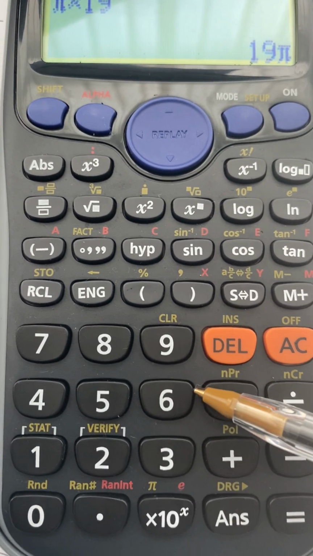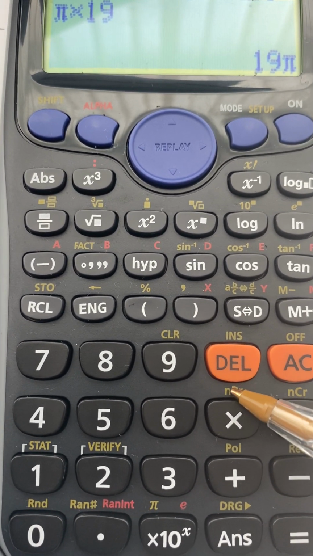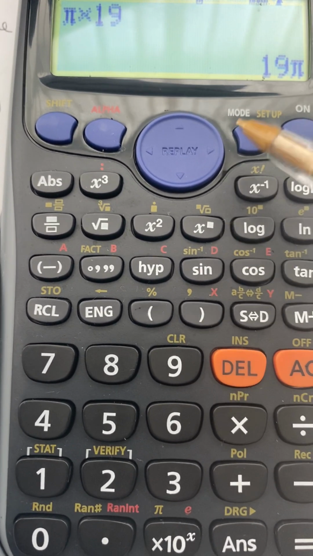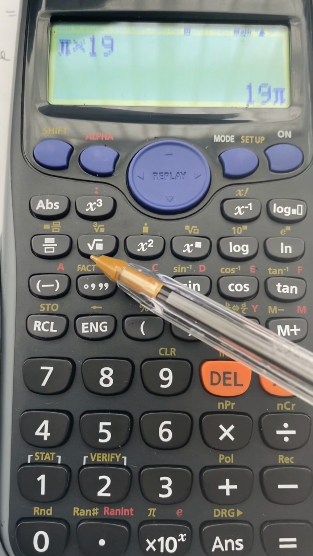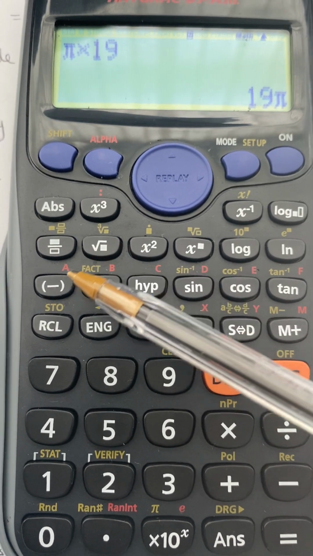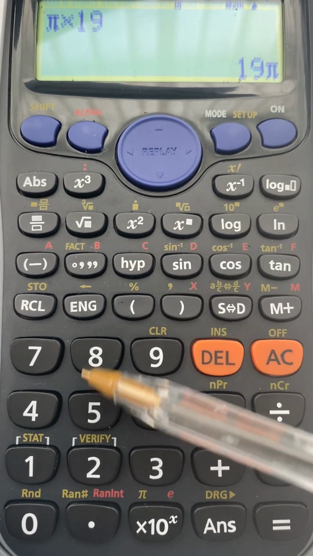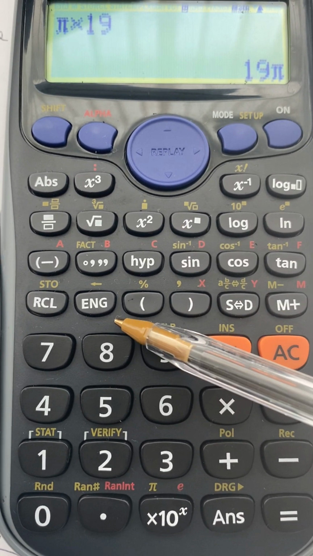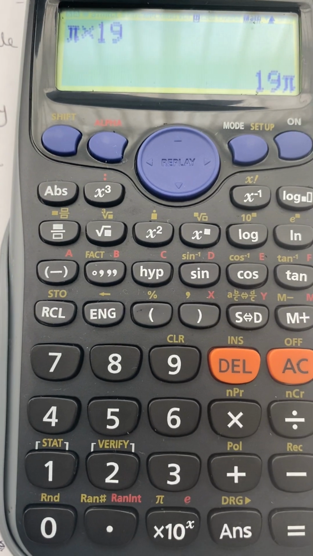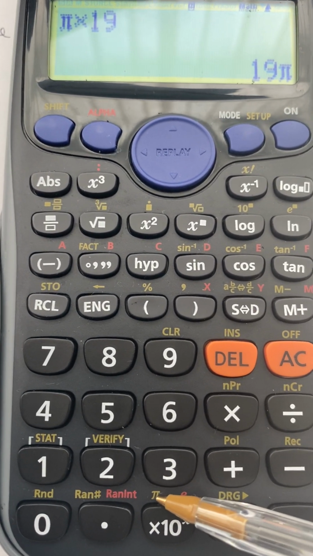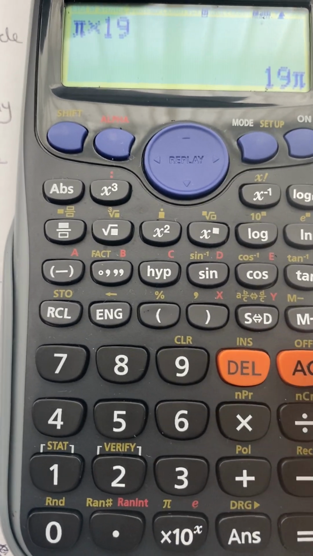Especially if you are writing your exam next year, you need to start using your calculator now, so that by the time your exam day comes, especially the calculator paper, you know where each function is and you don't get muddled up. That is how you find pi, which I showed you yesterday as well.